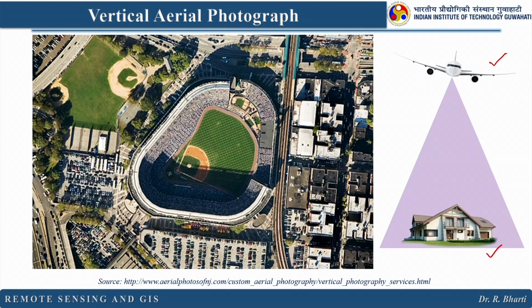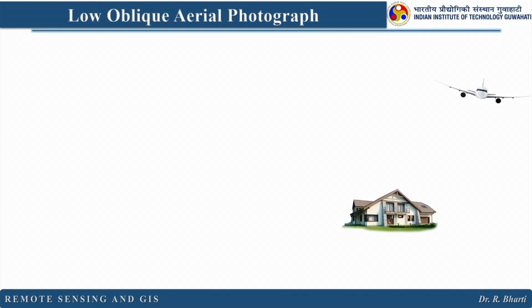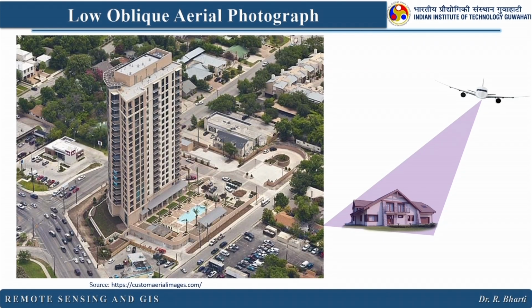So here you can see this is approximately the nadir position of this photograph, right. But if you see the tilted photographs, low oblique photographs, you can easily see the sides. So this can give you some perception about the height.